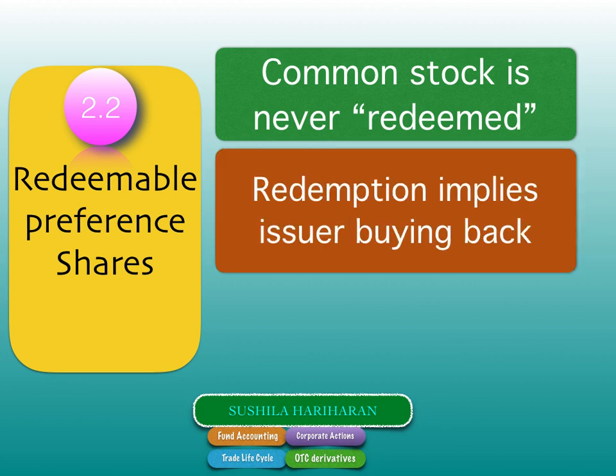Redemption means the issuer has to buy back the instrument, which never happens in the case of common stock, except if the company announces a buyback and then decides to buy back the stock. The common stock is therefore never ever redeemed, but preference shares will be redeemed.